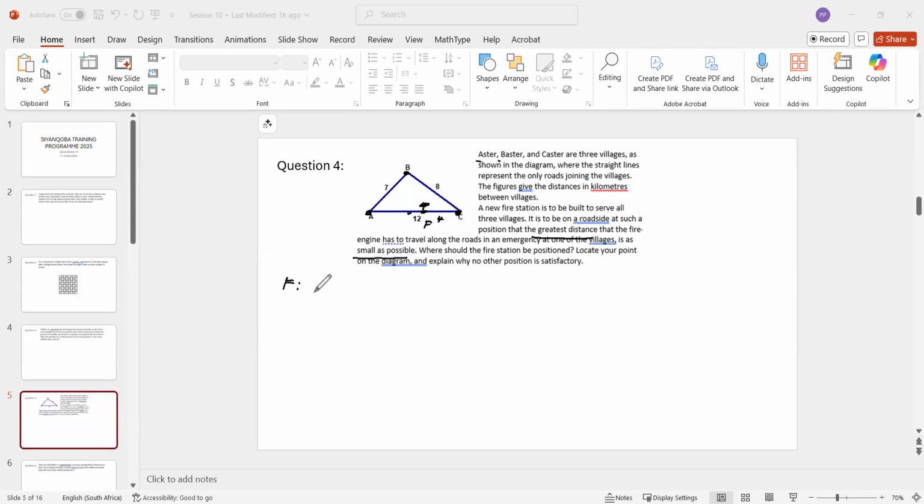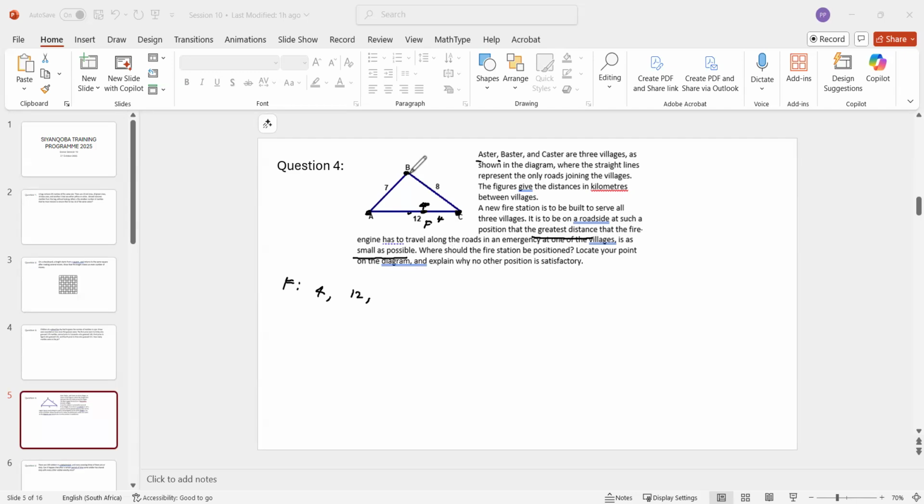Now, how far is this fire station from Costa? It's 4. And how far is it from Besta? If you go this way, it's 12, and if you go that way, it's 8 plus 7, which is 15. So you're not going to go the long distance. So if a fire is going on, you choose the 12 distance.